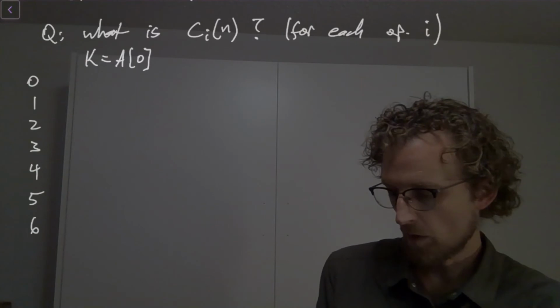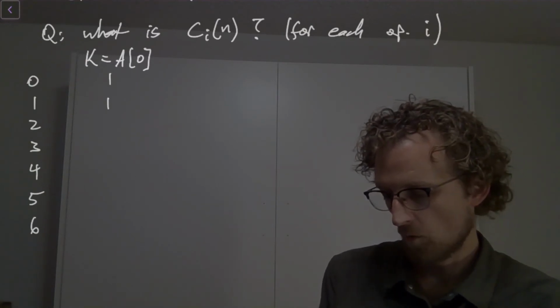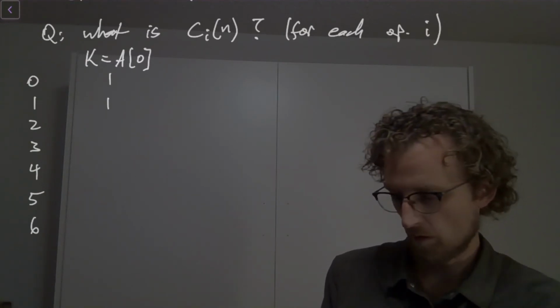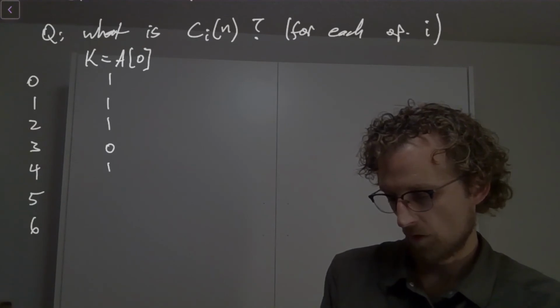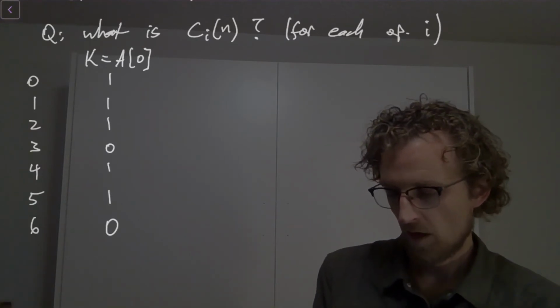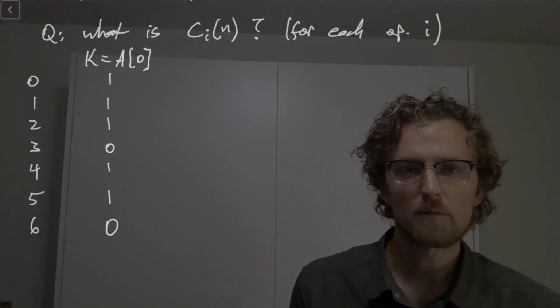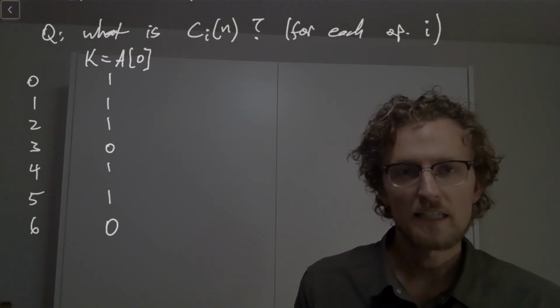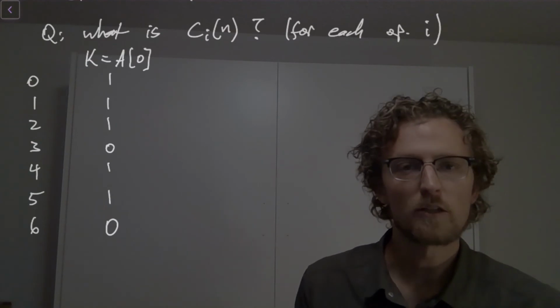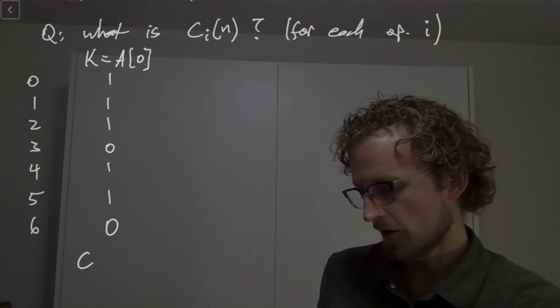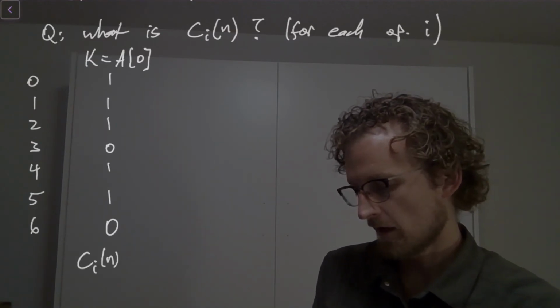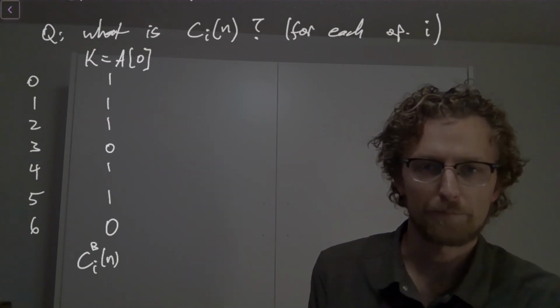So it turns out that we have 1, 1, 1, 0, 1, 1, 0. In some sense this is the best case c_i of n for each of these operations. So I'm going to call this c_i of n best.